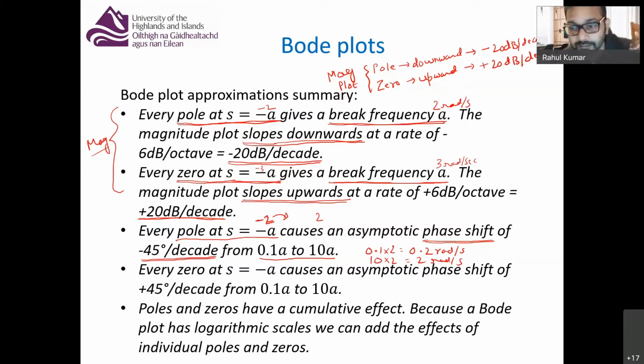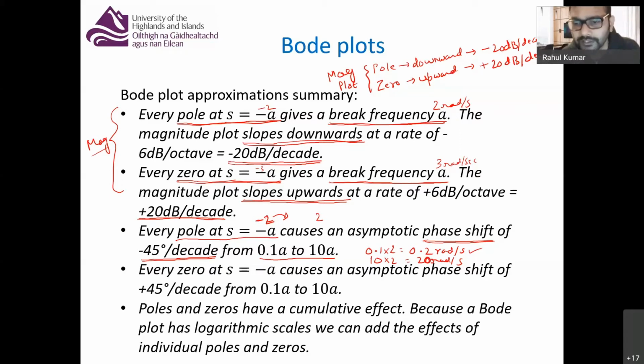In the case of the phase plot, the slope will be minus 45 degrees per decade, but it will start changing from 0.2. As soon as you reach 0.2 radians, your slope will start to change at minus 45 degrees per decade, and it will continue until you reach the final 20 radians per second.